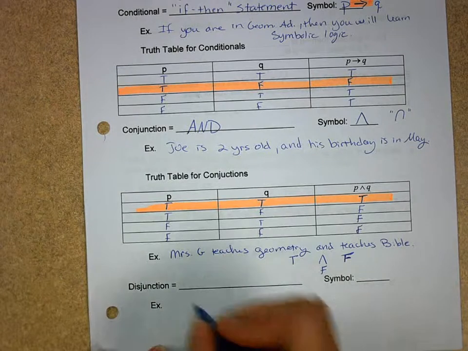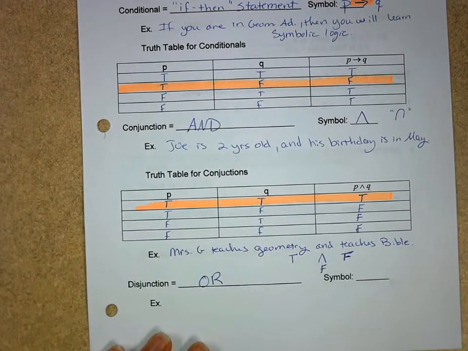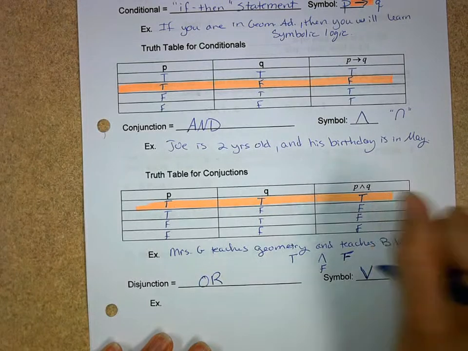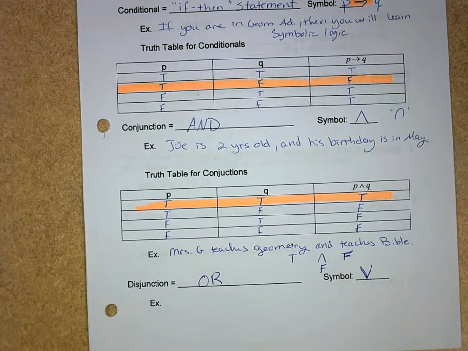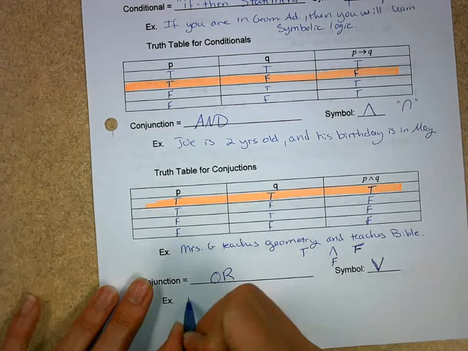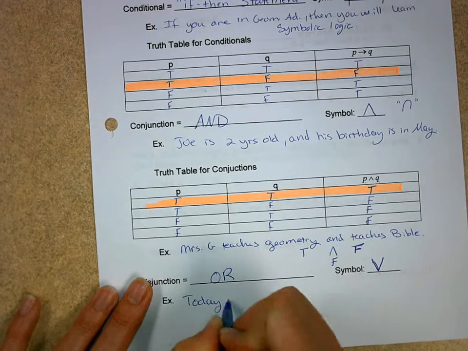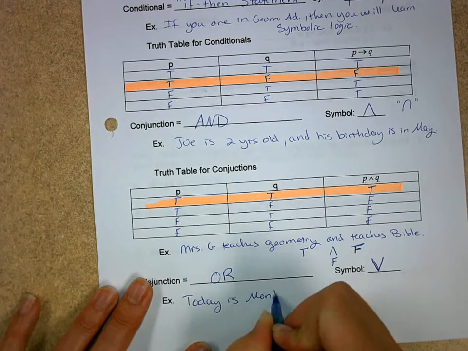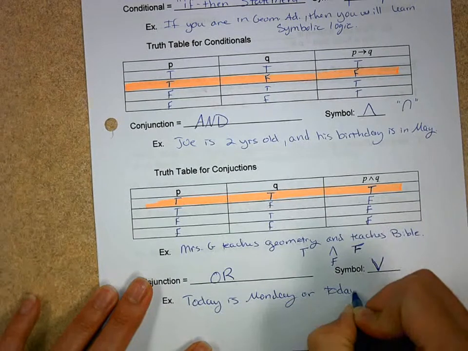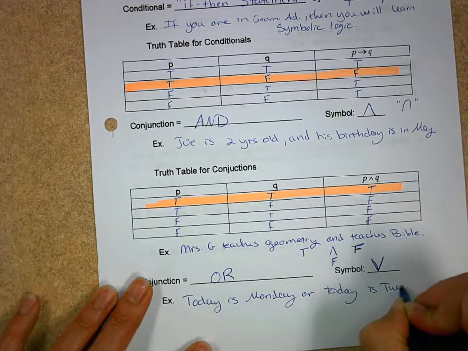Then we have our disjunction, which stands for the word or. And the symbol we use for that is a capital V. Okay? So that V is like the opposite of it. Now, when I say opposite, think or as either or. They're separate. So something like this. Today is Monday, or today is Tuesday.